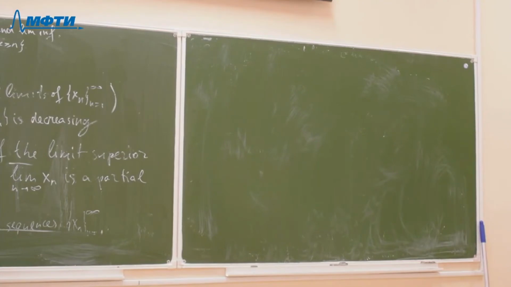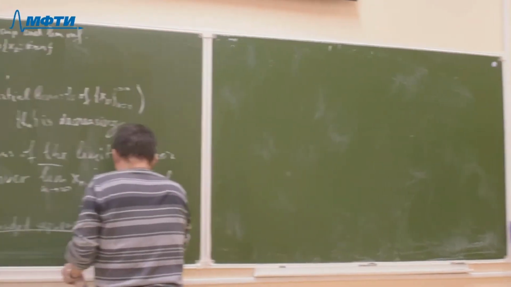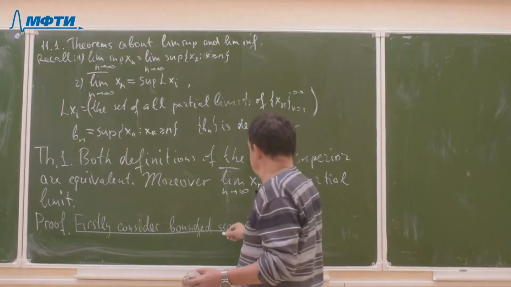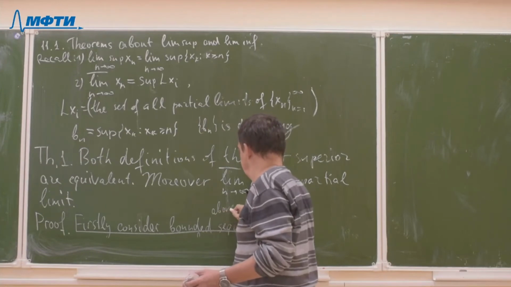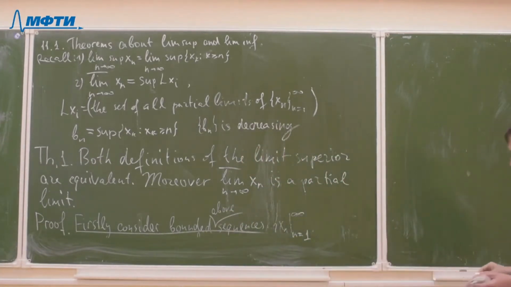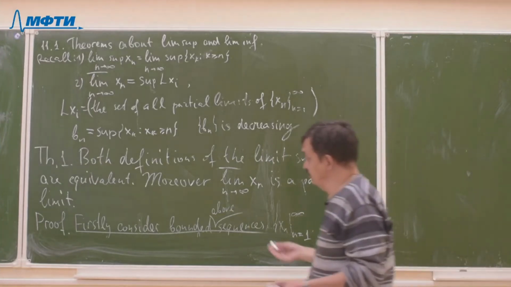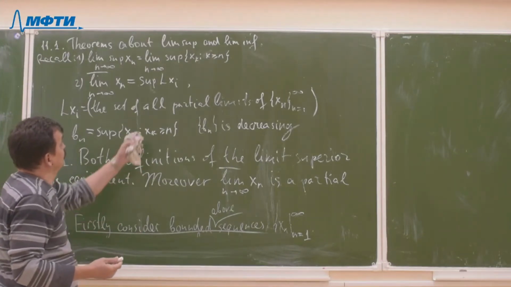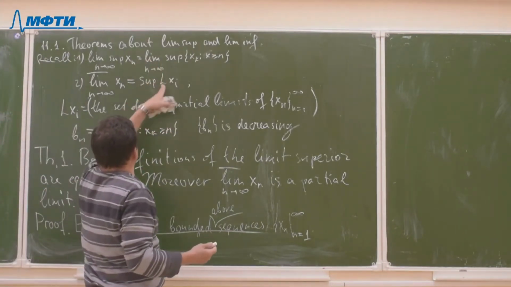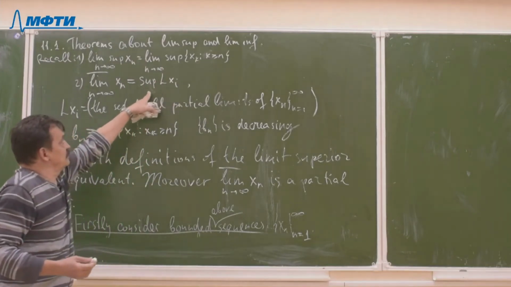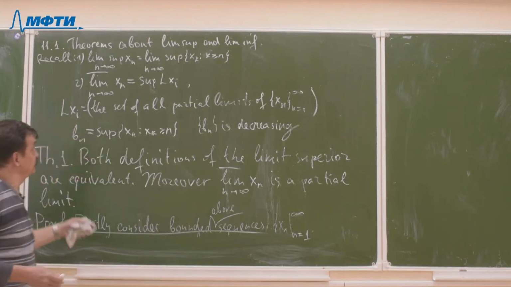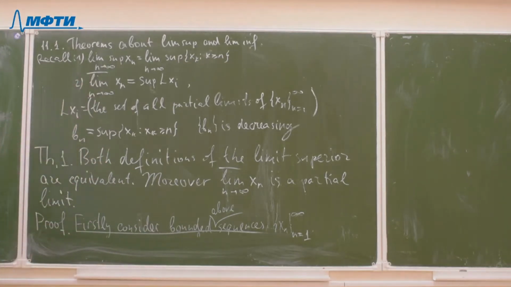Now, in fact, the proof which was given works for sequences bounded above. Nothing else was used, if you look carefully, because if the sequence is bounded above, then again this exists, and also that set of partial limits is bounded above, and we don't care about boundedness below here for the limit superior.